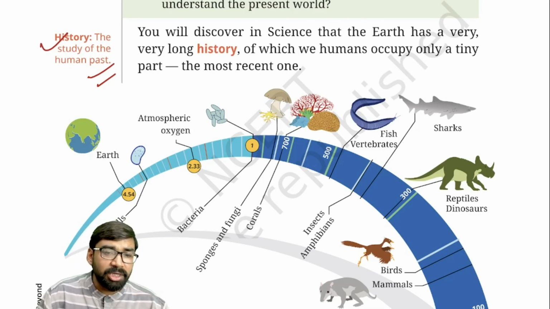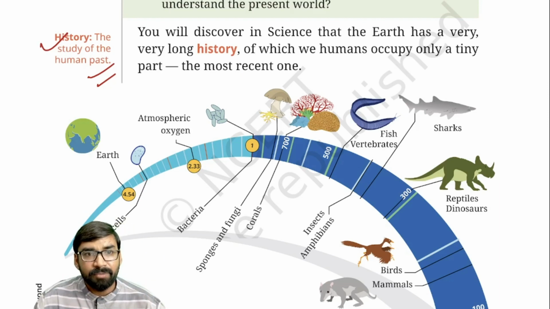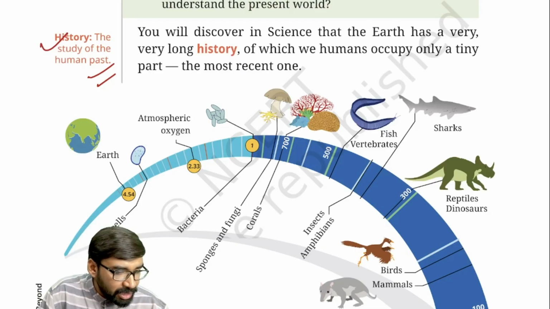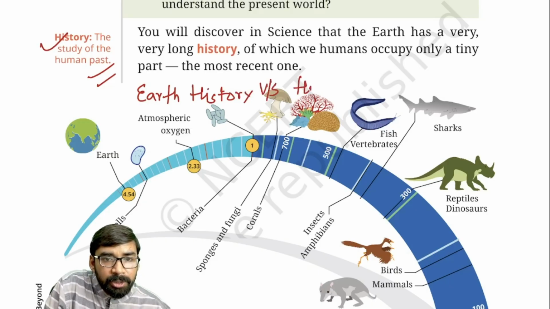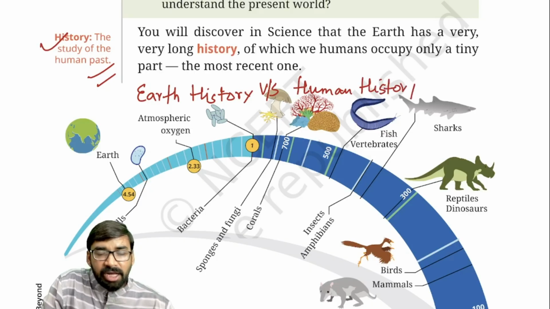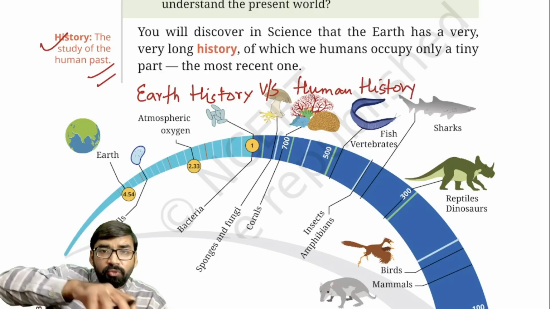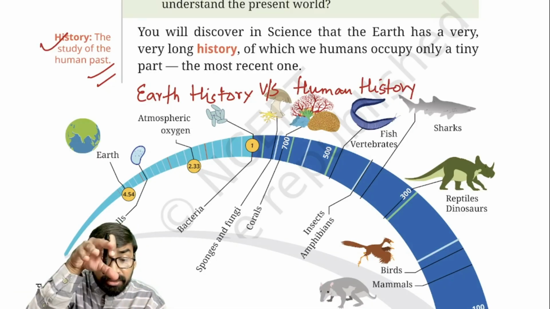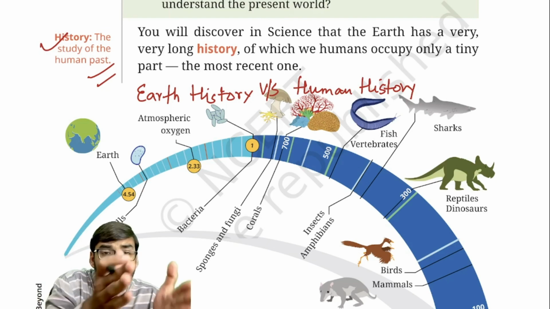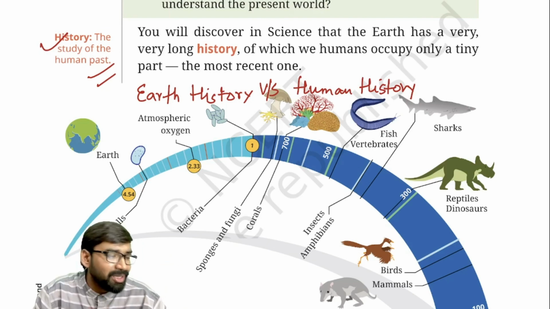As you can see in this diagram, first we need to understand the earth history versus human history. इस डायग्राम का कॉन्टेक्स्ट यह है कि you can understand the difference between earth history and human history.